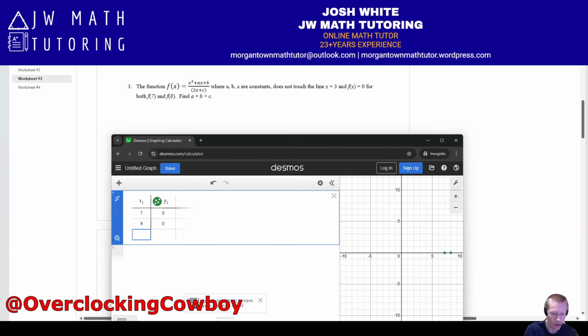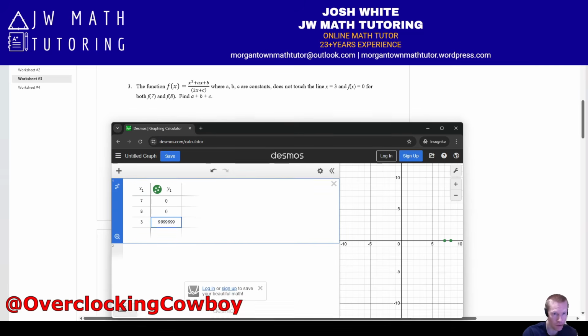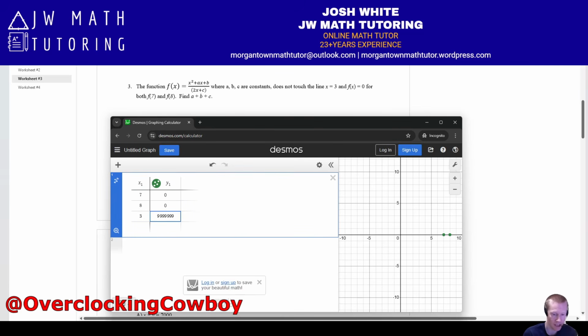And now for the third thing, what I'm going to do is, it does not touch the line at x equals 3. That means there's a vertical asymptote. So when x is 3, I'm going to enter in a gigantically large number. Just a bunch of 9s, okay?